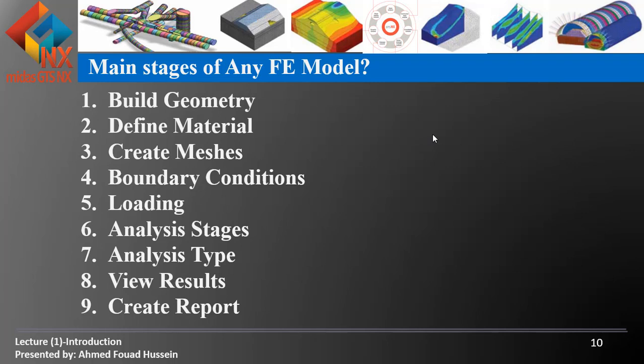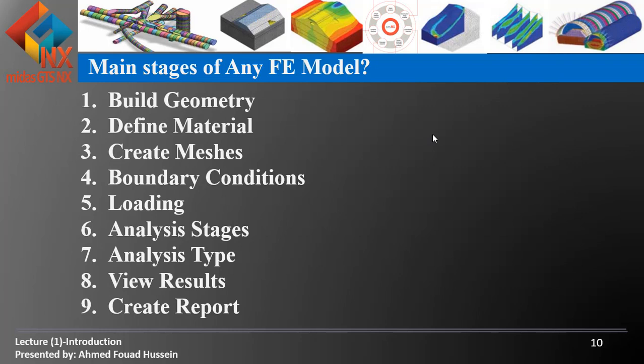Then we start to put in our boundary conditions, which restrain the rotation and movement of the structure. Then we add the loading, like the gravity loading, live load, and different loadings according to our structure, as we're going to see later. Then we have to create our analysis stage.